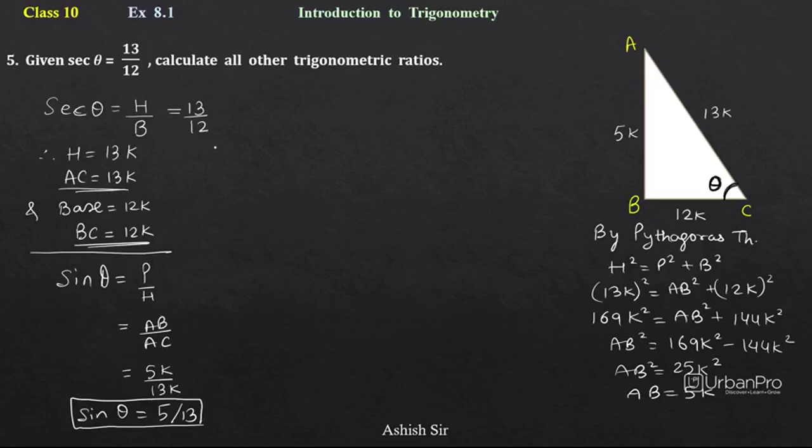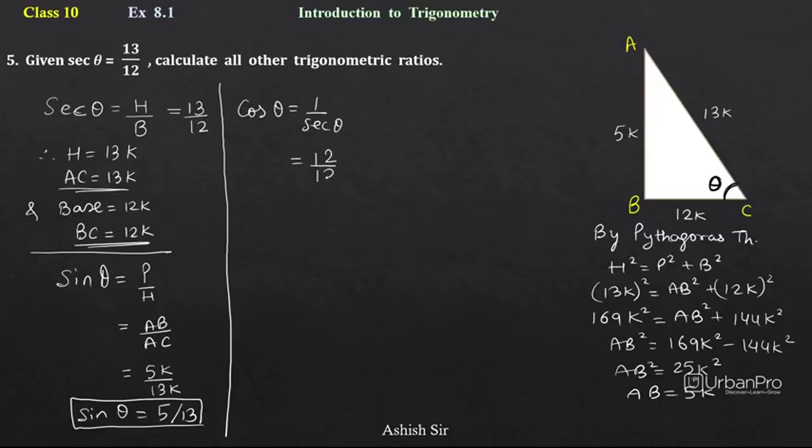Now in a similar way, we can find the other ratios. Cos theta, we know it is the reciprocal of sec theta only. So we can write directly, the value of sec theta is 13 by 12, and the reciprocal of 13 by 12 will be 12 by 13. So we can find cos theta in a direct way, or if we want, from the triangle we can find it that way also.